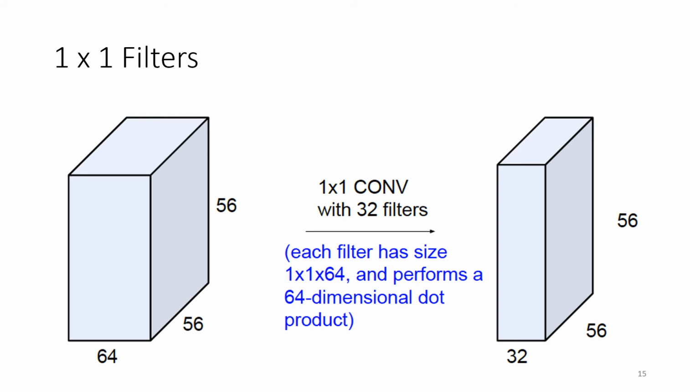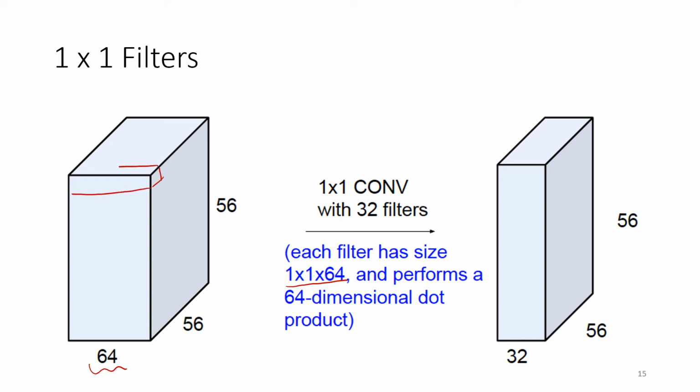Another case that we can visit is using 1 by 1 convolution filters. In that case, each filter is a 1 by 1 by 64. The reason is we have 64 channels as input, and in this case each kernel is a 1 by 1 by 64 tensor.